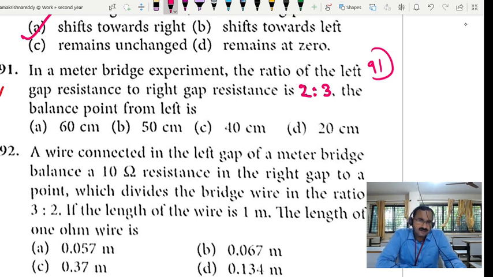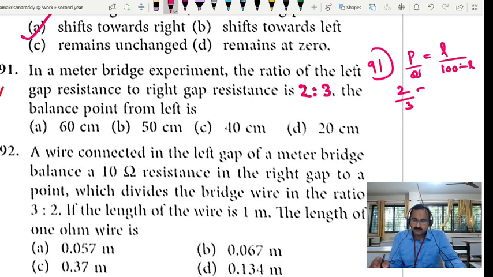R by S is equal to L1 divided by 100 minus L1, or P by Q equal to L by 100 minus L. No problem, that is not a matter to solve the problem.